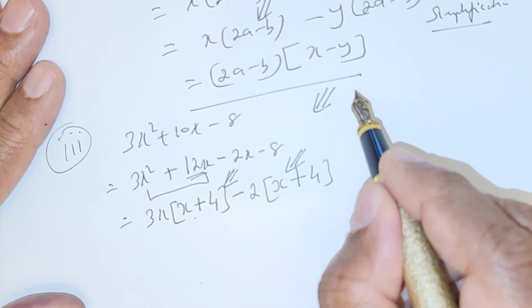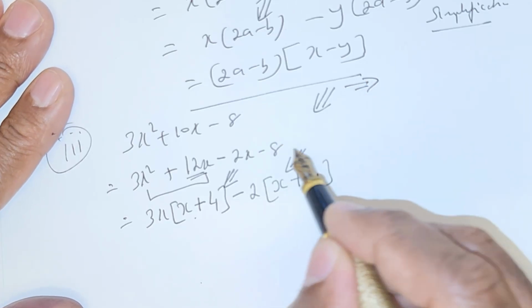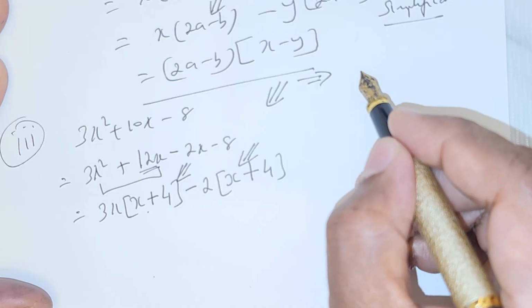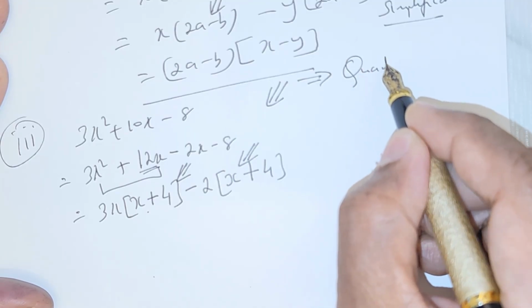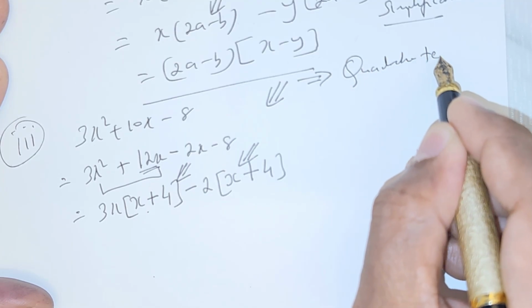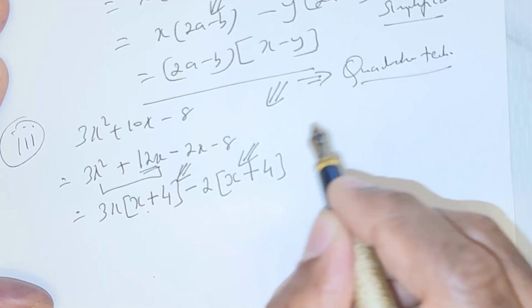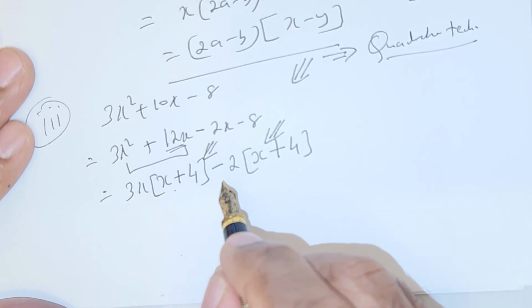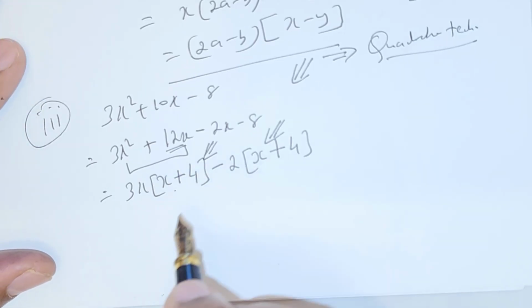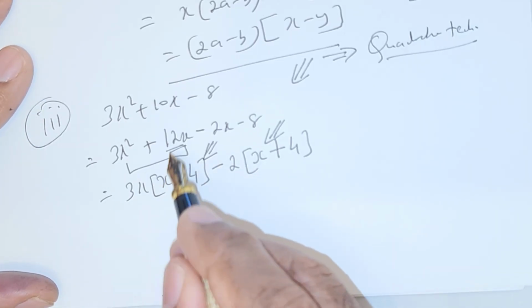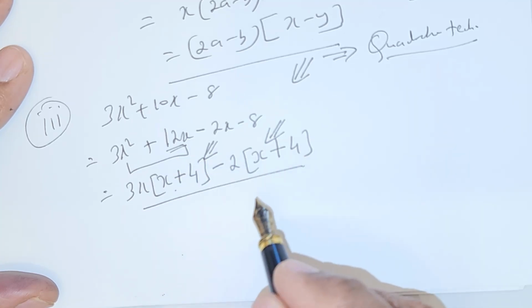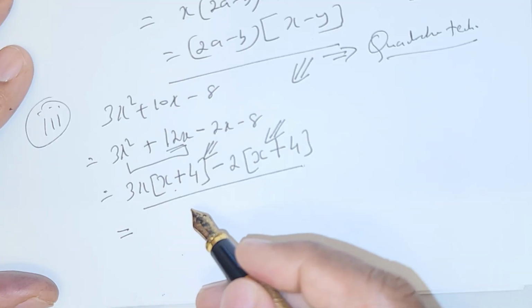But in reality, that will not be the situation you encounter. In real life, you will have to use the quadratic technique to find the values of x. But over here, you will have an easy go. That means you will be able to locate the number so that you arrive at this juncture.